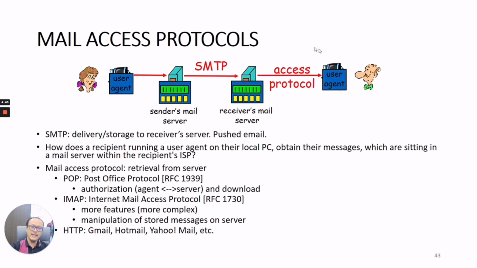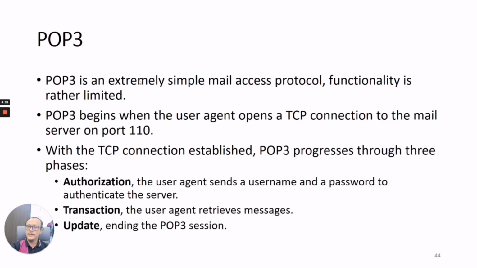Basically it uses an access protocol, and here we're going to discuss three of them. First is POP, Post Office Protocol, then IMAP, Internet Mail Access Protocol, and lastly HTTP. HTTP is what is used nowadays. First, POP3 is version 3, the latest version.